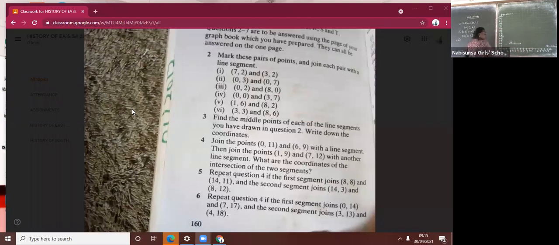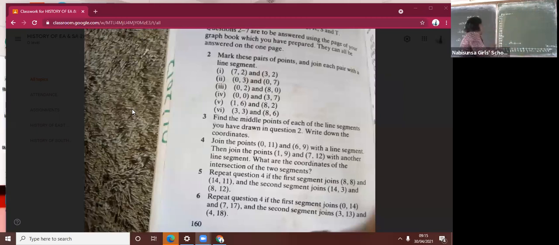The first coordinate is the coordinate on the x-axis, and the second one is the coordinate on the y-axis. So we have (0, 2): 0 on the x and 2 on the y. So we plot that point. And the second point is (8, 0): 8 on the x, 0 on the y. So that point is on the x-axis.